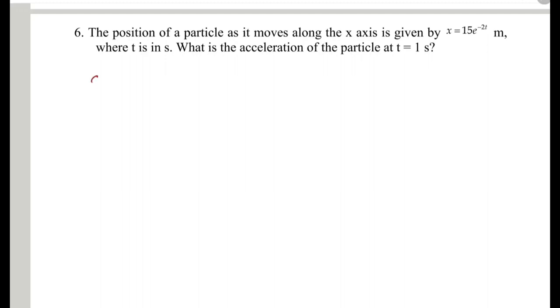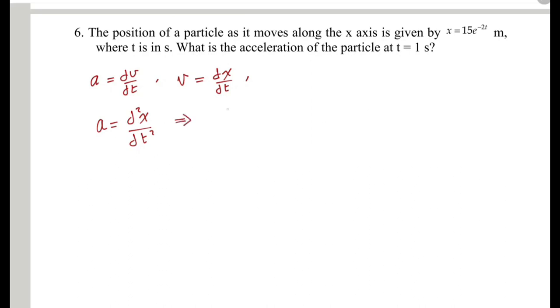Now remember, a is equal to dv by dt, and v equal to dx by dt, or in other words, a is equal to the second derivative of the position with respect to t.